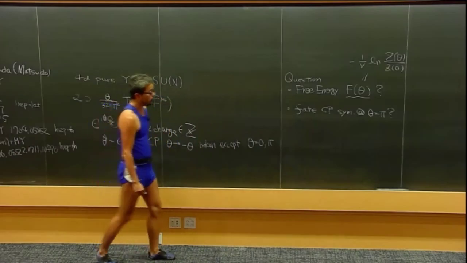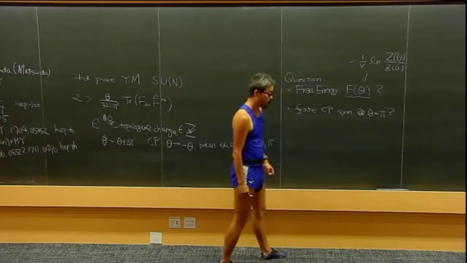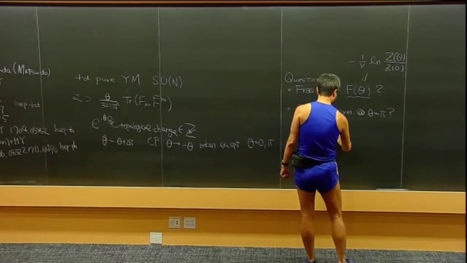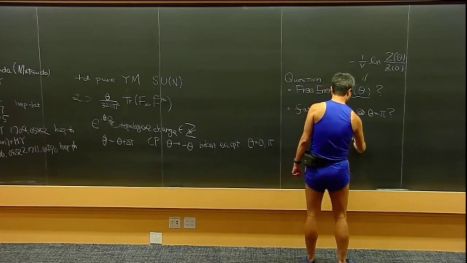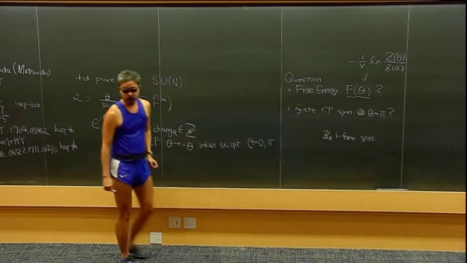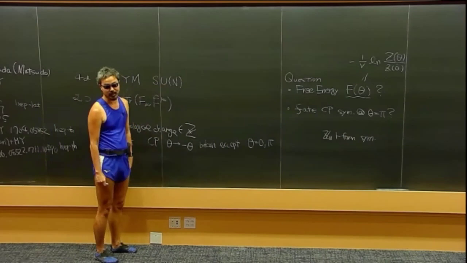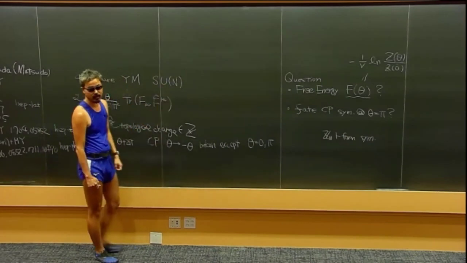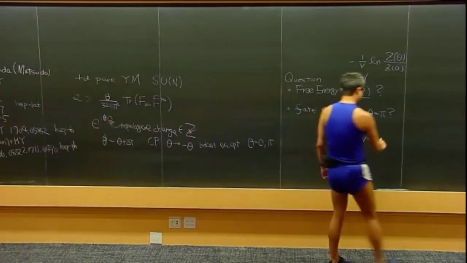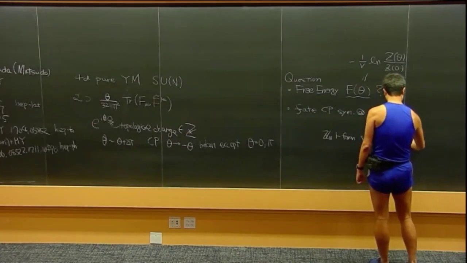Now there is a related symmetry, the center symmetry, the so-called Z_N one-form symmetry. In traditional language it was the center of the gauge group, but it's more like a one-form symmetry of the theory, a magnetic one-form symmetry, and this defines confinement.